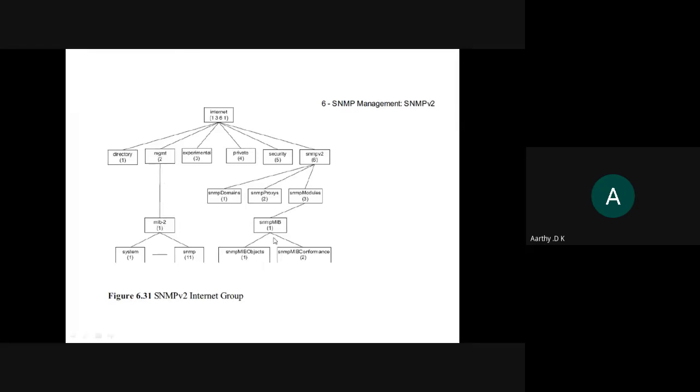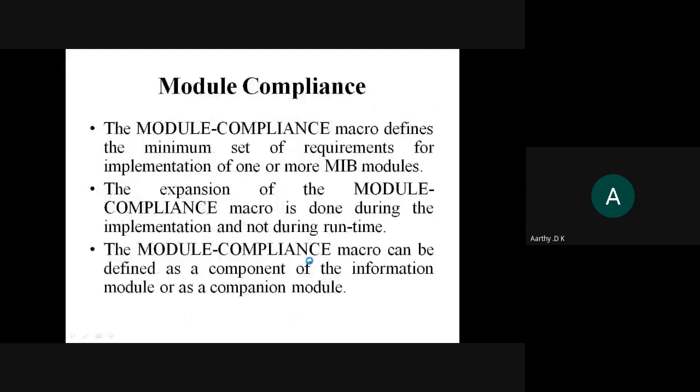The next is SNMP MIB, which is further divided into MIB objects and MIB conformance. This MIB conformance is what we saw earlier, right? When we named this conformance, we used this keyword conformance. I'll show you.